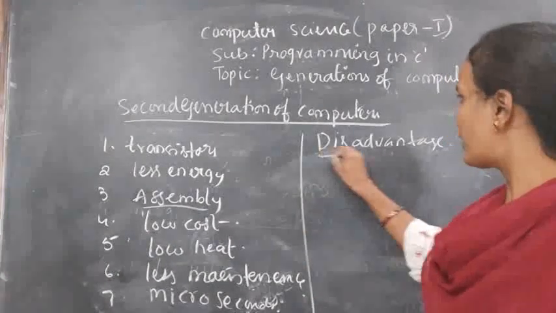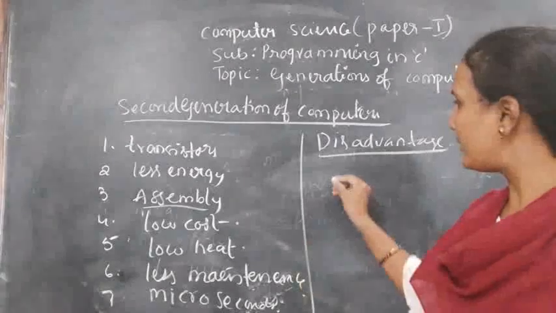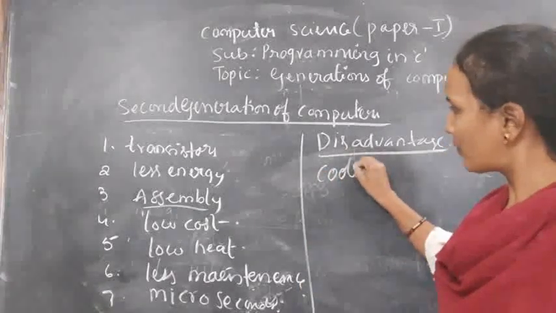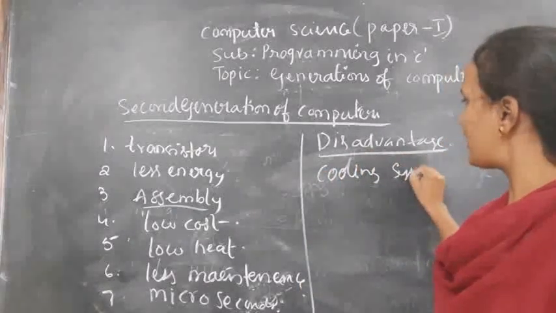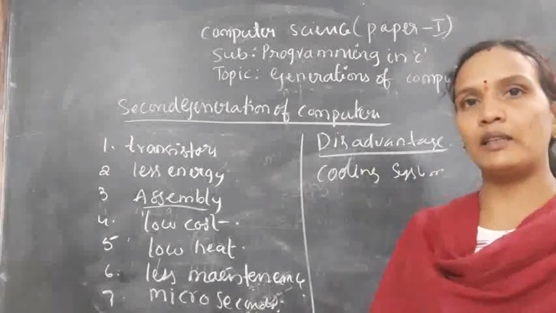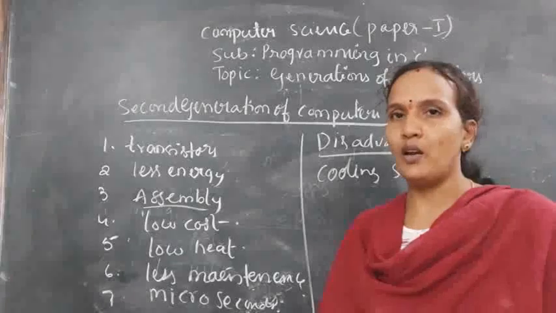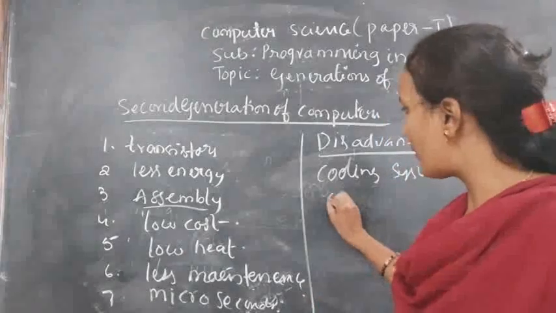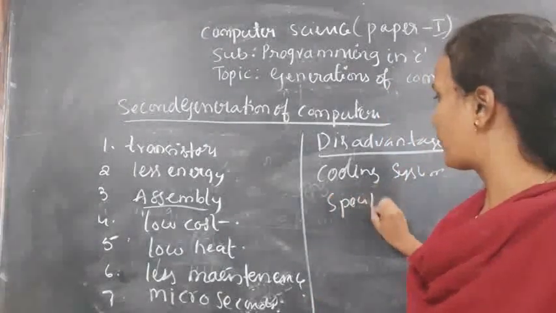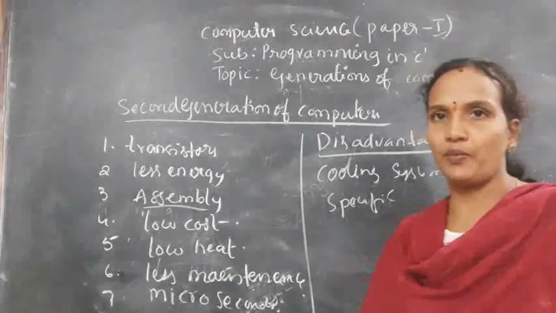The disadvantages we have here: we need a cooling system, because transistors also generate heat, though less compared to vacuum tubes. And it is used only for a specific purpose, not for general purpose.